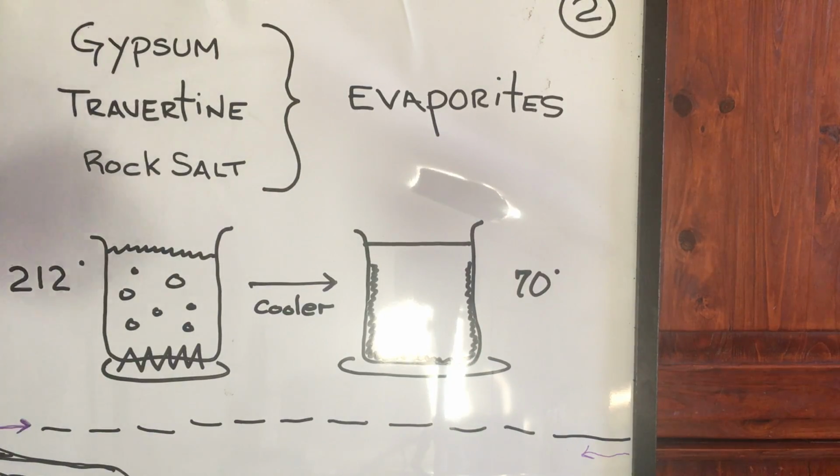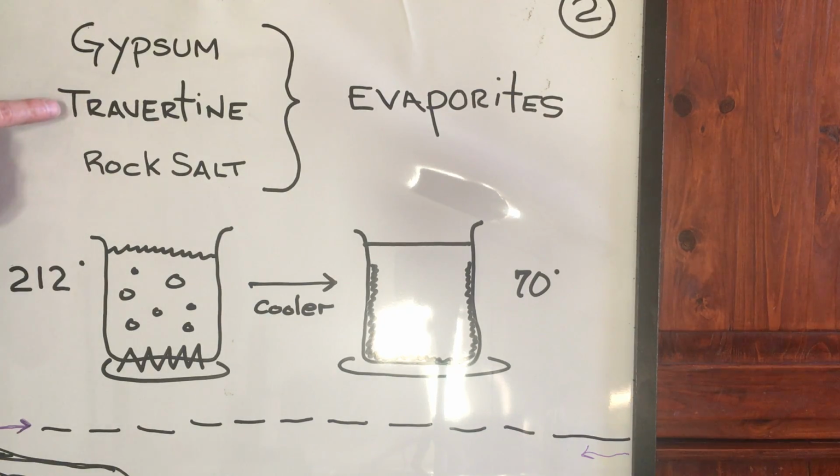And so now you know that there are these clastic rocks, like shale to conglomerate, which form in a certain way. And you have evaporites, which are formed as the mineral comes out of solution and the water evaporates.